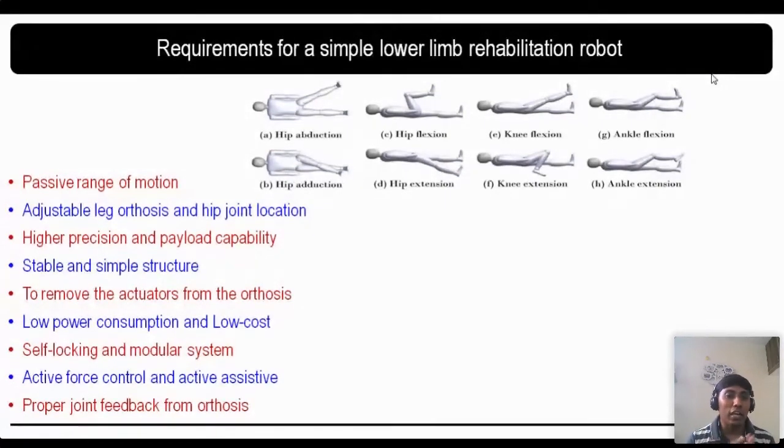Apart from that, there are assistive things: when we talk about any system, we think that energy and cost are supposed to be very low. And when we talk about the safety aspect, the system is supposed to be self-locking, and the system is supposed to be modular. For example, now I am doing a left leg, and the system can be easily adapted for the right leg, like a modular system.